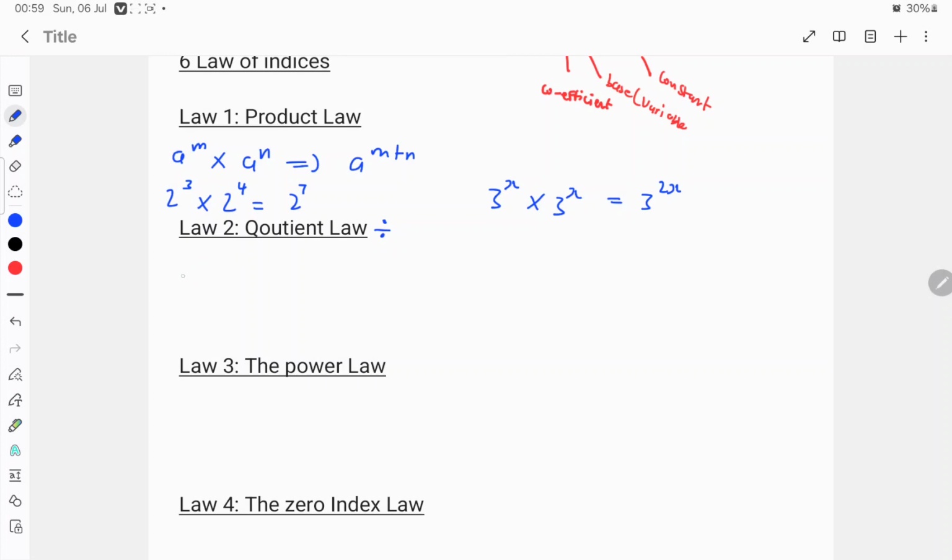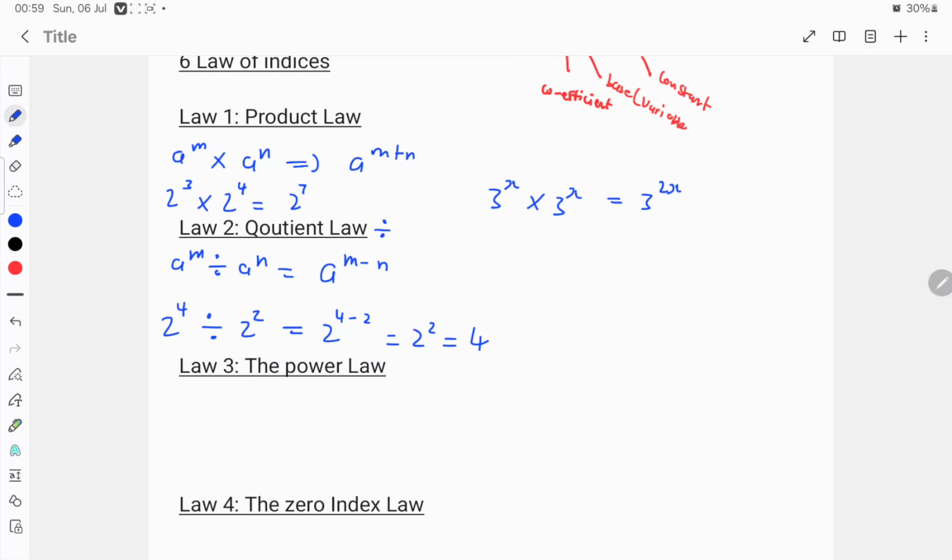Let's say we have again our a power m divided by a power n. So what you're going to say is a power m minus n. So if I have 2 power 4 divided by 2 power 2, then the answer will become 2 power 4 minus 2, which is equal to 2 power 2 and is equal to 4, if you want to go until the number.